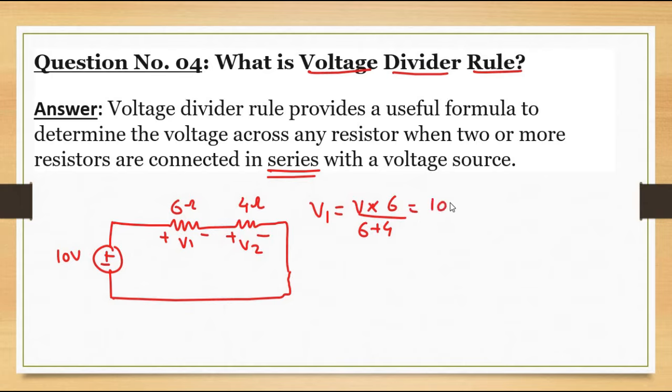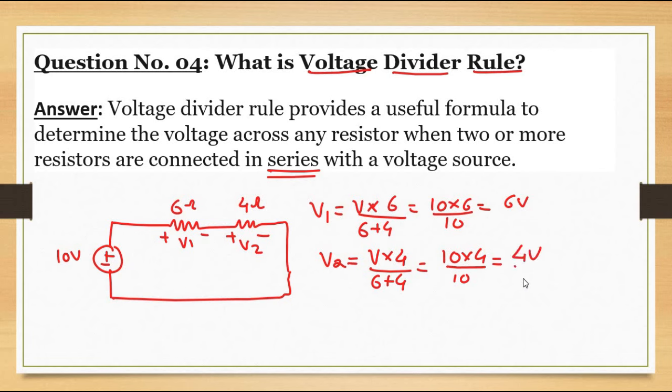This comes to be 10 into 6 divided by 10, which will be 6 volt. Similarly, our V2 will be the source voltage into that resistor's value, into 4 divided by 6 plus 4, which will be 10 into 4 divided by 10. This comes to be 4 volt.